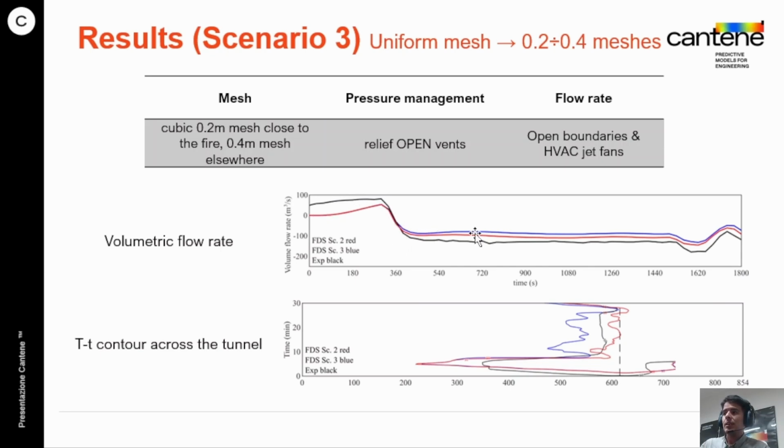But then when the jet fans are activated, there is a drop in the volumetric flow in the new simulation. Also, this is reflected in the temperature contour, as we can see that the temperatures after the activation of the jet fans in the third scenario arrive further towards the north portal.